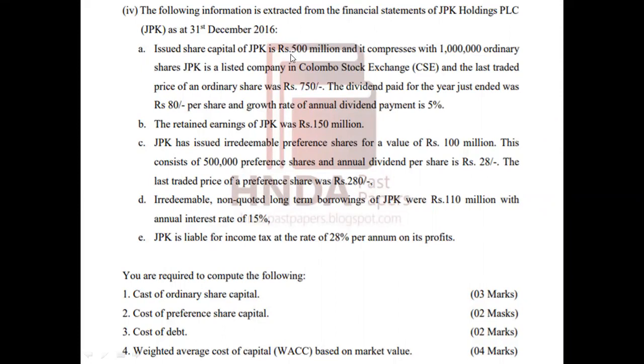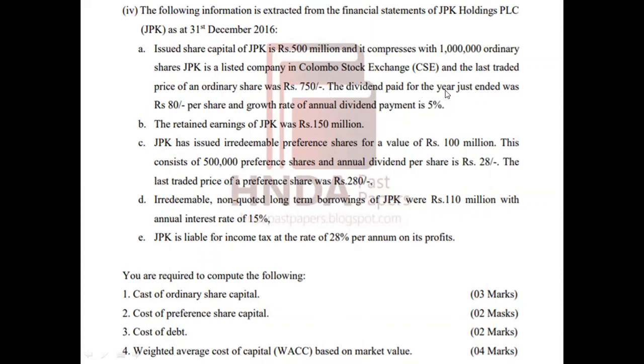Issued share capital. So first of all, it's talking about the ordinary shares. Here, what we need to do now, you can identify: we have to calculate the cost of capital related to the ordinary share. Under ordinary share capital, we discussed some methods to calculate the cost of ordinary shares. Here you can identify the point.